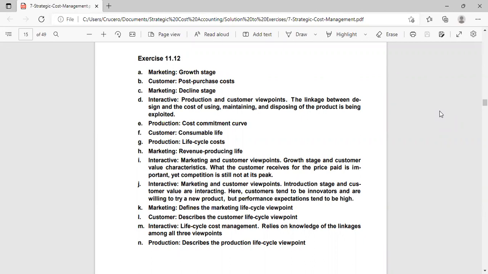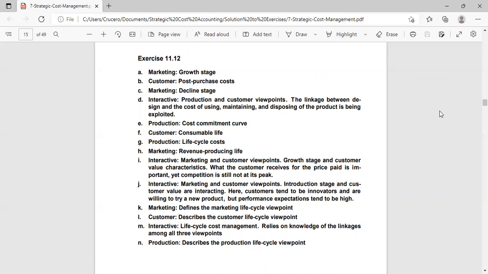Where possible, identify the particular characteristic being described. If the statement or phrase fits more than one viewpoint, label it as interactive and explain. In other words, if you have two or more viewpoints involved, then you have to use interactive.